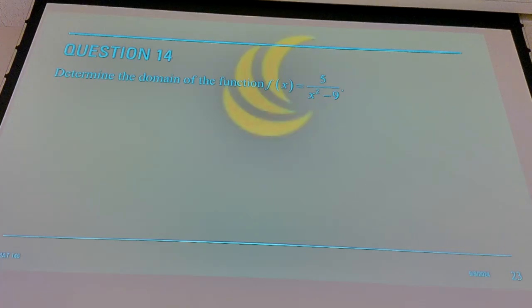Are there any restrictions we have to consider? Yeah, the denominator being 0. So x squared minus 9 cannot equal 0. That means x squared cannot be 9.